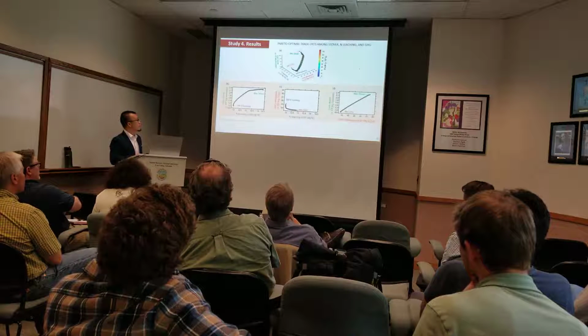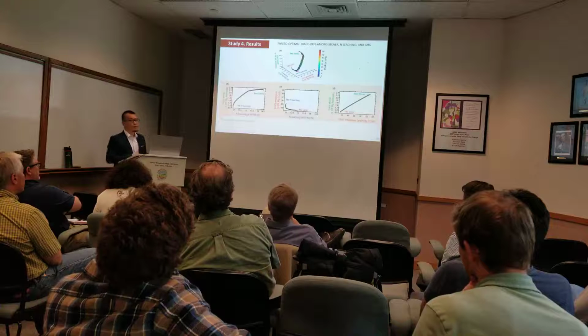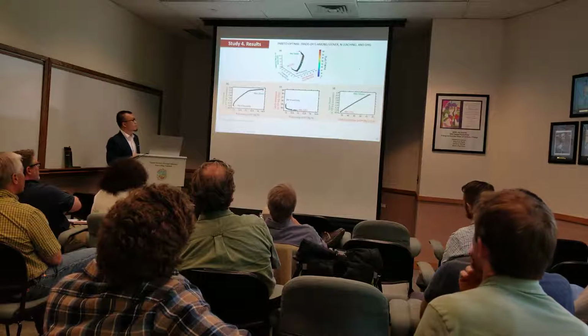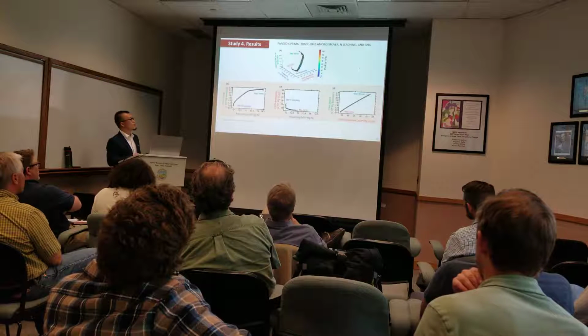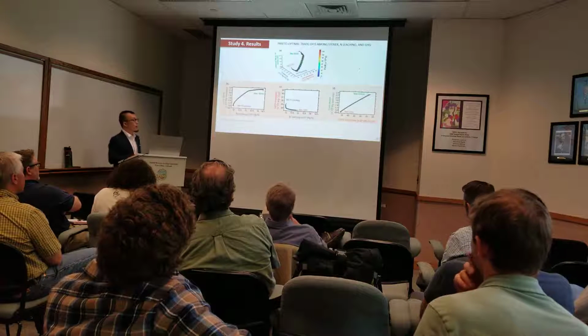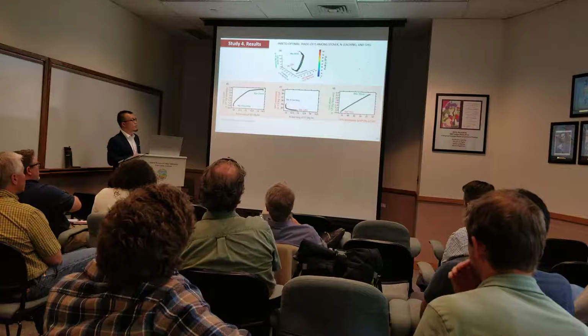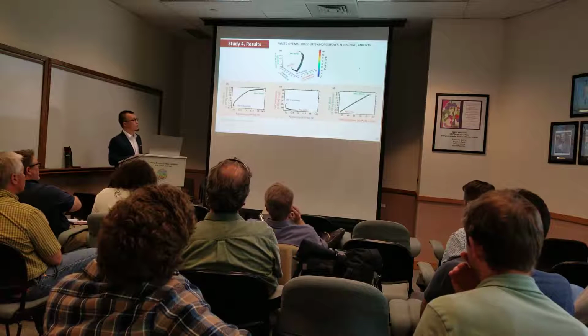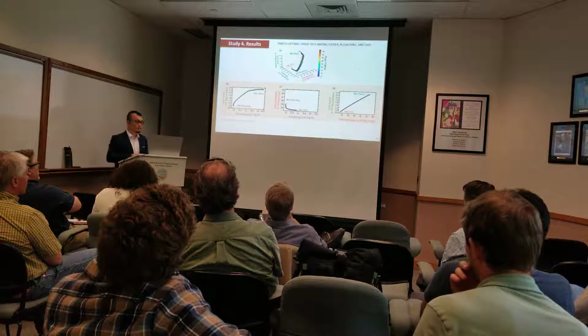B is a concave Pareto frontier between corn stover and nitrogen leaching. C is the convex Pareto frontier between greenhouse gas emission and nitrogen leaching. And D is the linear Pareto frontier between corn stover and greenhouse gas emissions.